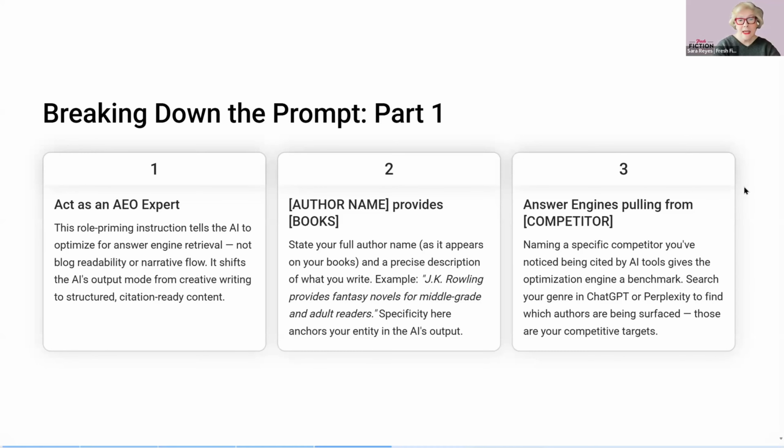So in this case, you could use ChatGPT to say, who writes the best-selling fantasy novels for middle grade and adult readers? And it'll come back with the top 5, the top 10. And you can look at those and go, yeah, I think that's what I write like. So what you're doing is giving it a point, right? And we're going to do this.